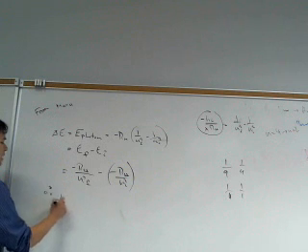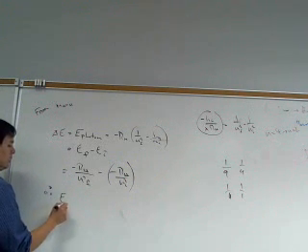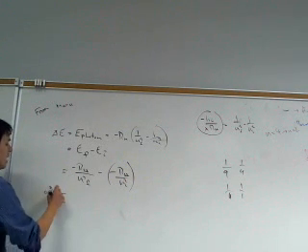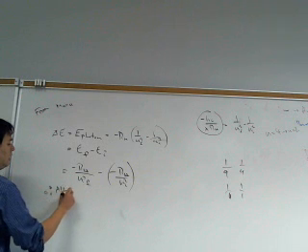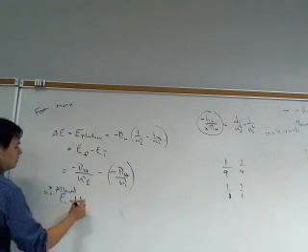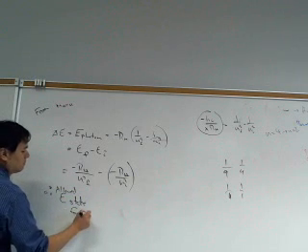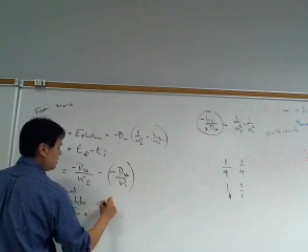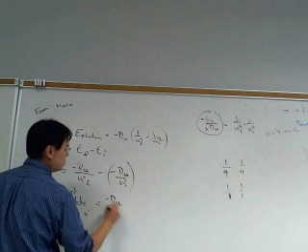Therefore, the energy of the electron, and this is what we're going to call the allowed energy state for the electron, can be determined as minus R sub H over n squared.